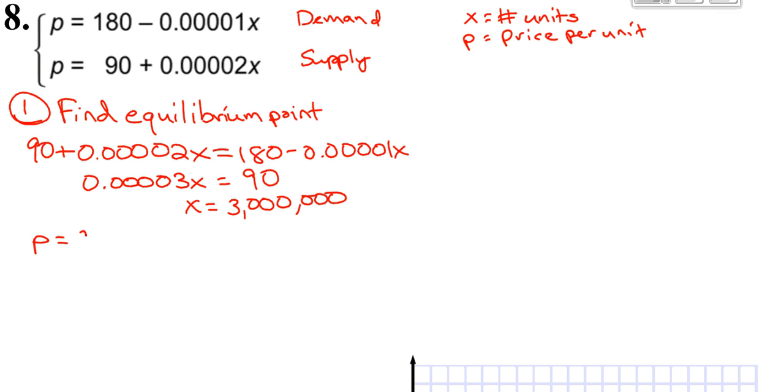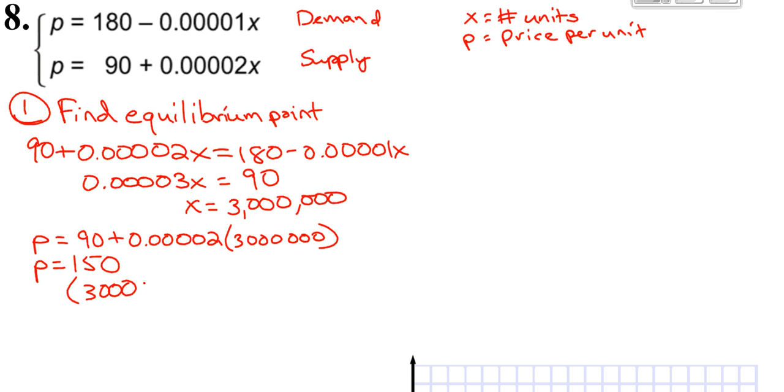So P equals 90 plus 0.00002 times 3 million. When we multiply that, we get P equals 150. So our equilibrium point is at 3 million, 150. So 3 million units, and the price per unit is $150.